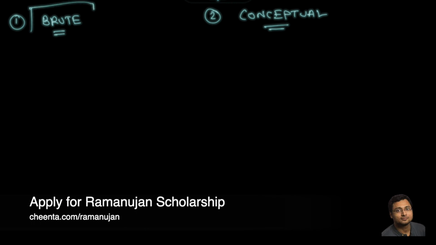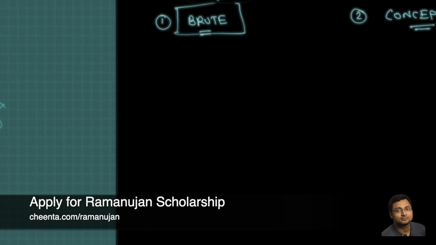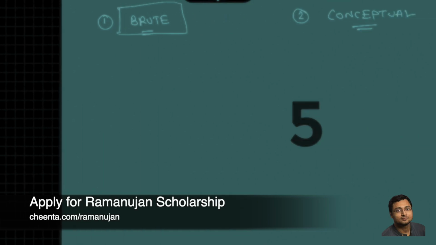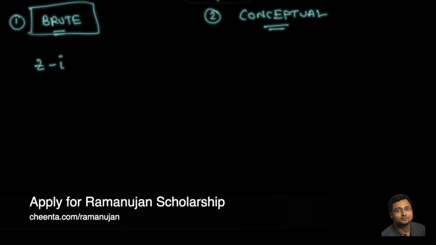But first, let's look at the brute force method. This is the method you will probably be using if you first see the problem. So if I take this equation, the absolute value of z minus ia equals the imaginary part of z plus 1.